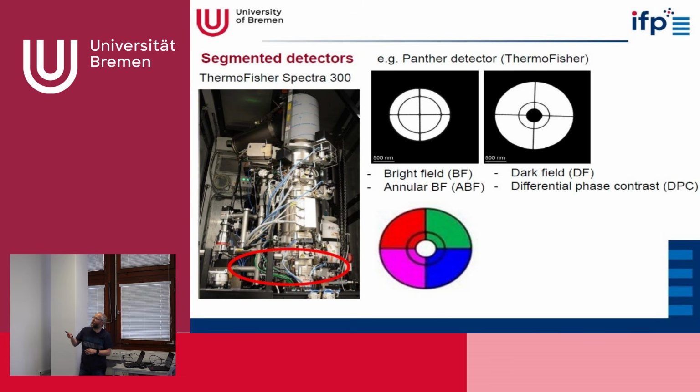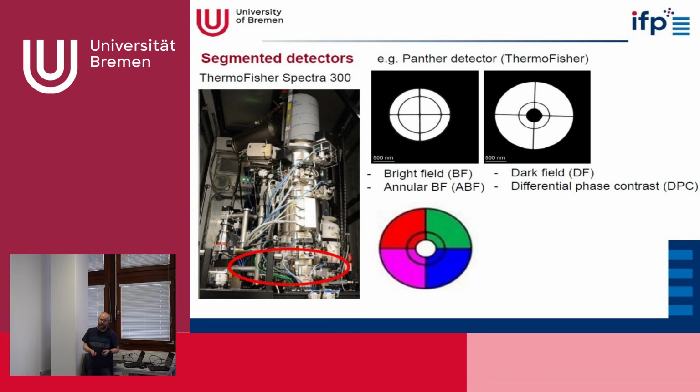The image that results from this detector is quite similar to the image that we would get in conventional transmission electron microscopy. If we use this outer ring of the detector, we get an annular bright field signal, and this signal is usually very useful for imaging light atoms.